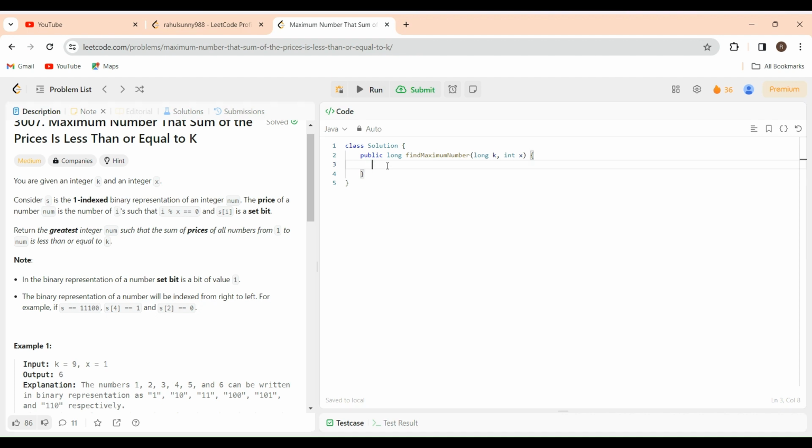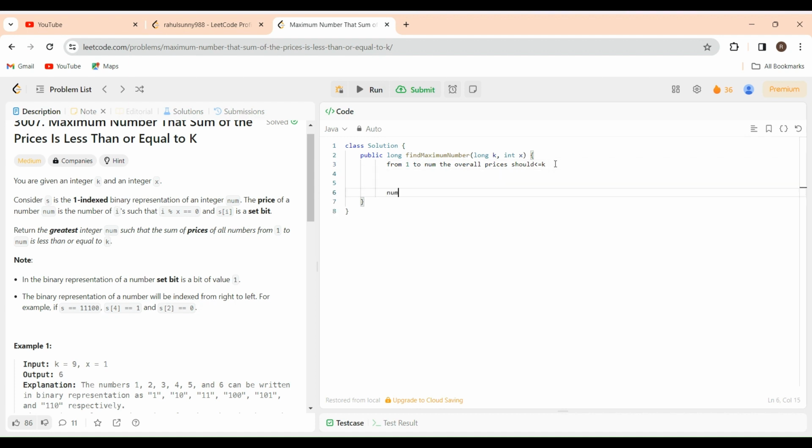So we have to consider num such that from 1 to num, the overall prices are less than or equal to k.